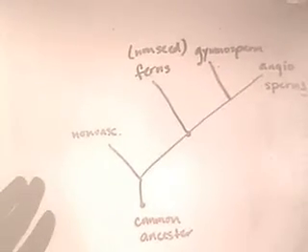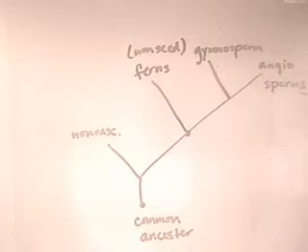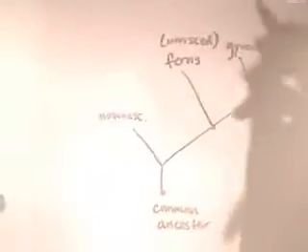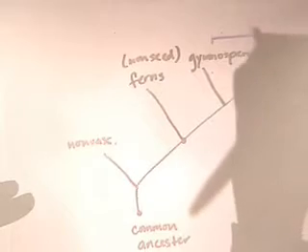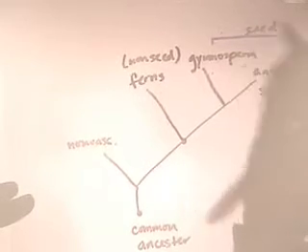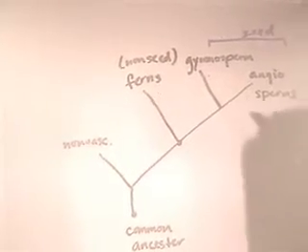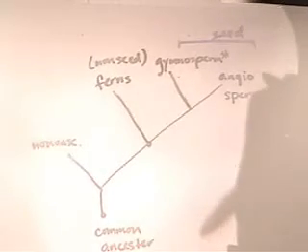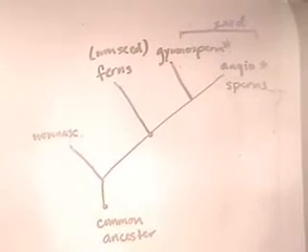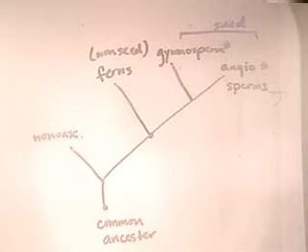In terms of reproduction and what makes them more advanced, first of all, these are non-seed. These two are your seed plants. So these are going to be the most advanced, because having a seed really allows for a greater chance that the embryo is going to survive to grow and propagate and pass on its genes.